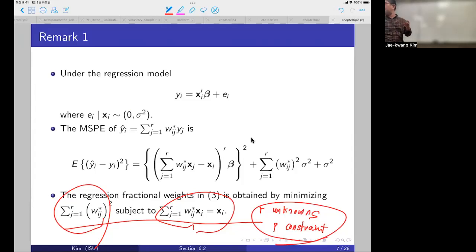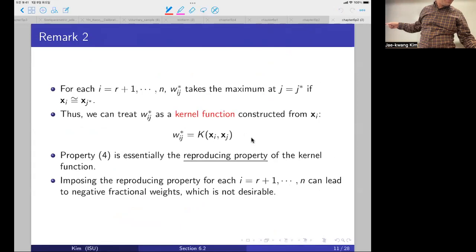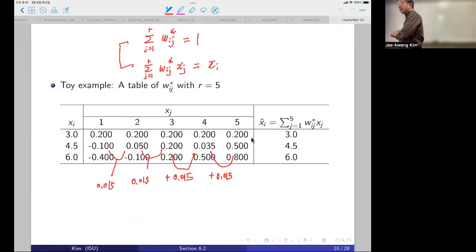That is basically what this is about. Now, this is a very well defined problem, but the weakness is that the weights can take negative values. So that is one limitation. To resolve these issues, there are several approaches, but we'll move on for now.